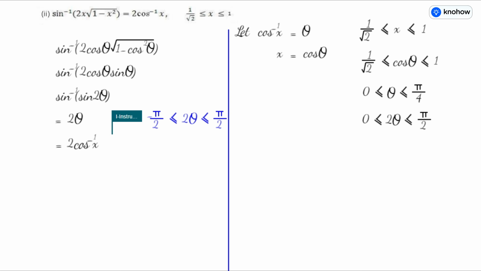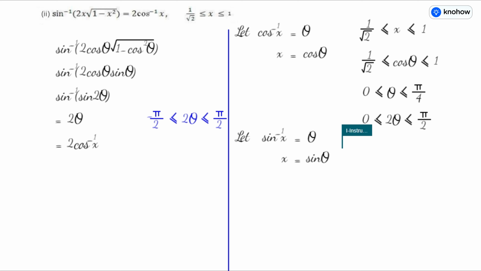Why will that be wrong? Let us discuss that. See, suppose you let sine inverse x is equal to theta, as in part 1, or x is equal to sine theta.